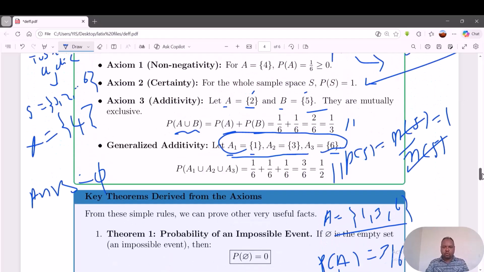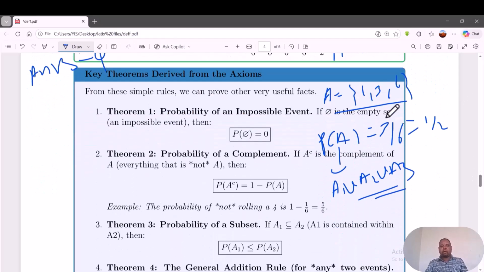Having understood all these things, we can prove other very useful facts based on the 3 axioms. What is important here is not only setting the axioms, but that from the axioms we can derive a number of probability formulas, right?